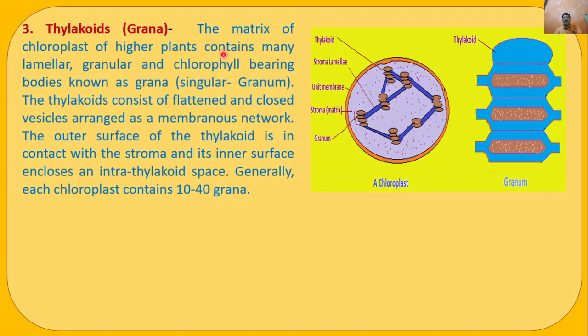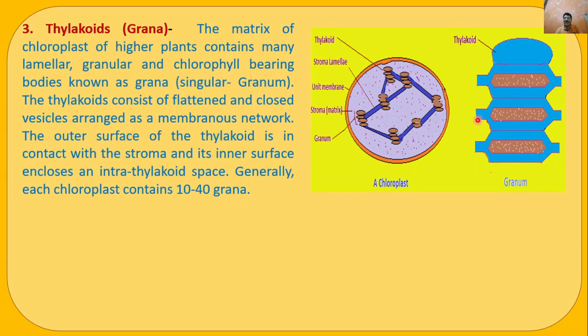Now the matrix of the chloroplasts of higher plants contains many lamellar, granular and chlorophyll bearing bodies. They are known as grana. So what are these grana? These are the lamellar and granular chlorophyll bearing bodies which are known as grana. Here you can see this is a granum.